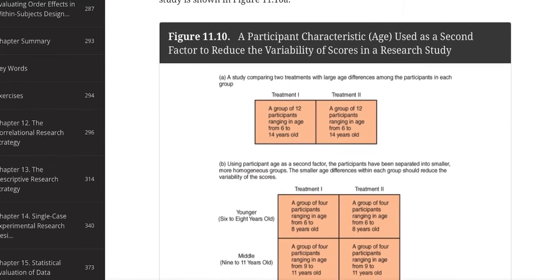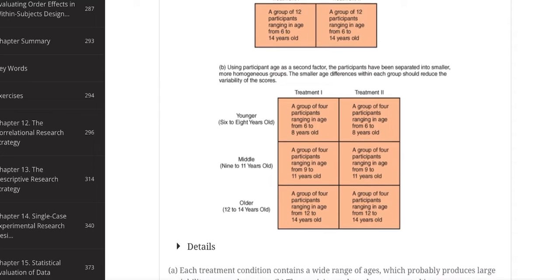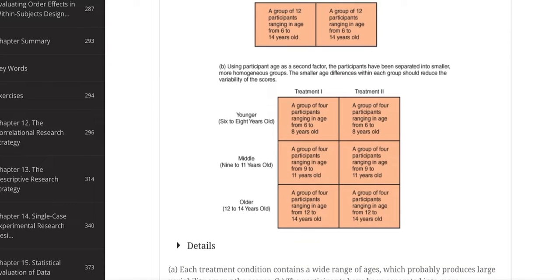But it said in your chapter, they were worried that age was going to be a factor, because 14-year-olds are so much more mature than 6-year-olds, and there's just a lot of life and things that happen between 6 and 14, that could be affecting their results. It could be affecting the treatment that is happening, to the dependent variable.